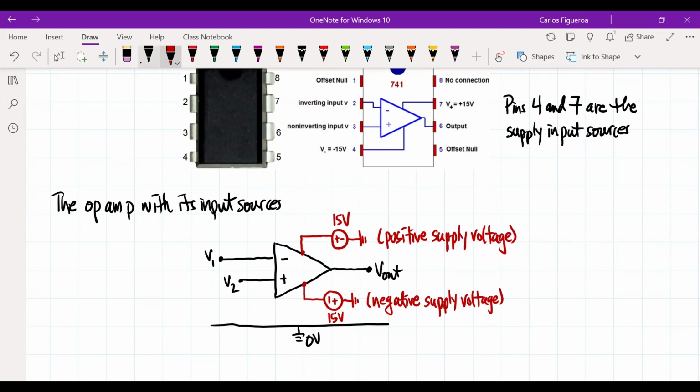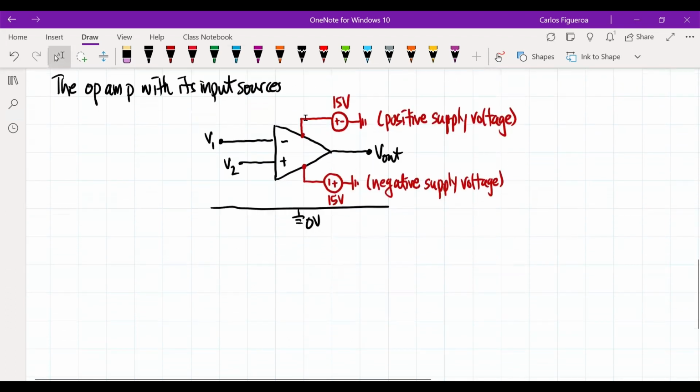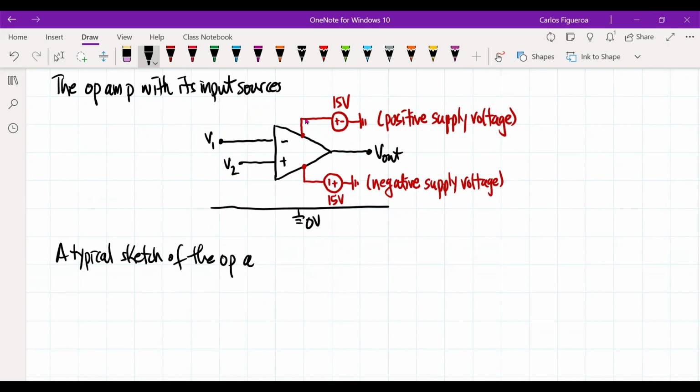But it's customary to not put those in. They're there, but it's customary to not put them in. A typical sketch of the op amp does not include the plus or minus 15 volts supplies.